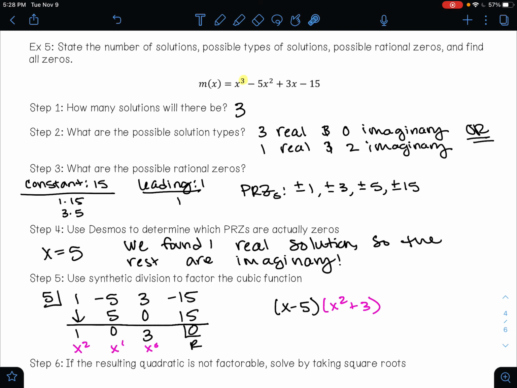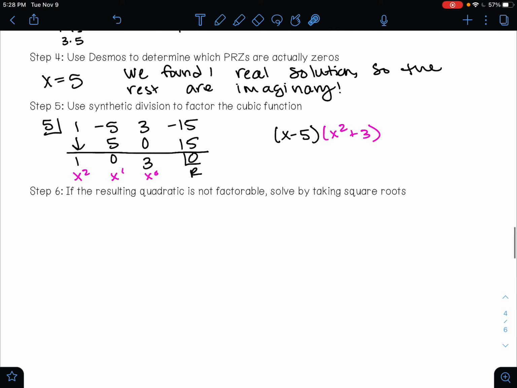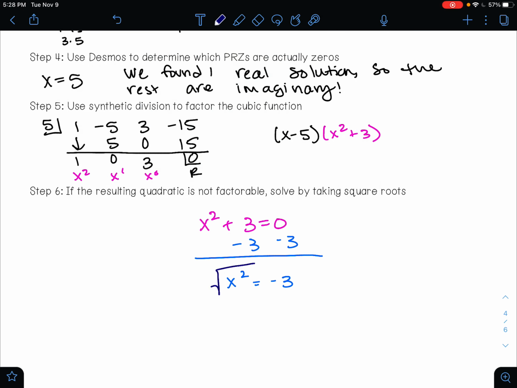When this happens, you can solve by taking square roots. So if I have x squared plus 3 equals 0, I can solve this by subtracting 3 on both sides. So I'm going to have x squared equals -3. To undo a square, I'm going to take the square root and get x equals plus or minus the square root of -3.